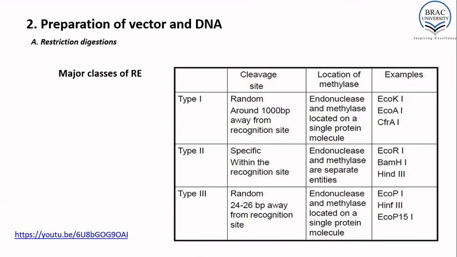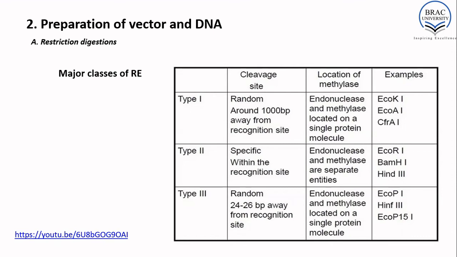The recognition sequence is identified and then a non-specific sequence at least 1000 base pairs away from that recognition site is cleaved. They contain the endonuclease and the methylase in a single protein molecule, as we have discussed previously. The methylase protects the DNA and the endonuclease cleaves the DNA.